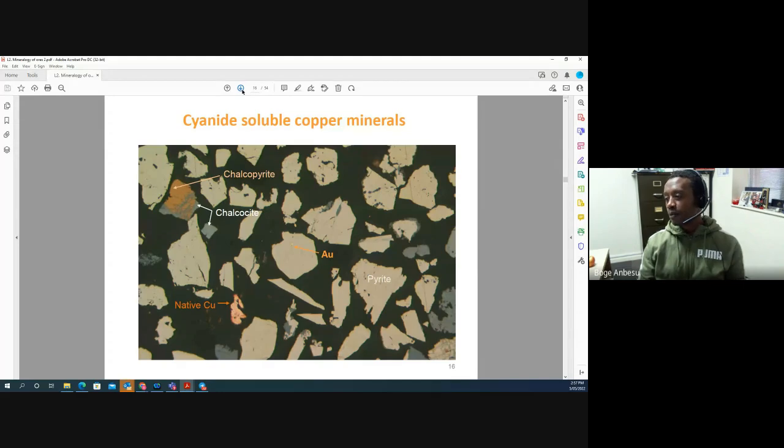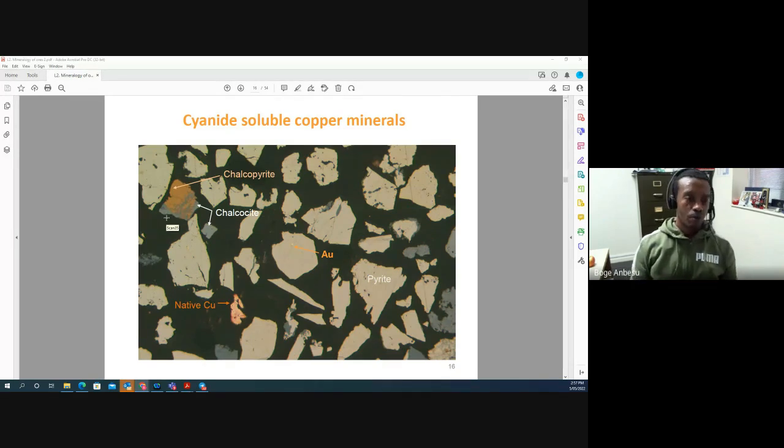Okay, so this micrograph here shows a typical photo micrograph that you can conduct to be able to locate where the different minerals are. Some of them are hosting gold. In this case, the gold is hosted in pyrite, but also with that, you have the cyanide consumers I've talked about earlier, such as the chalcocite, native copper, and so on.